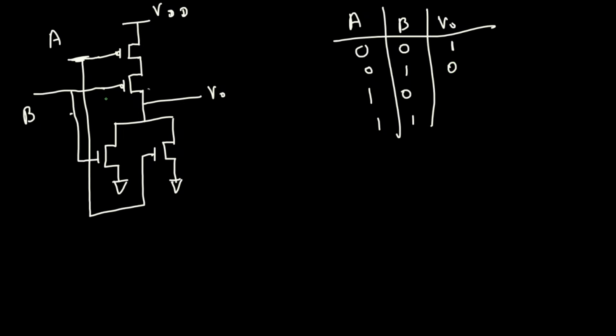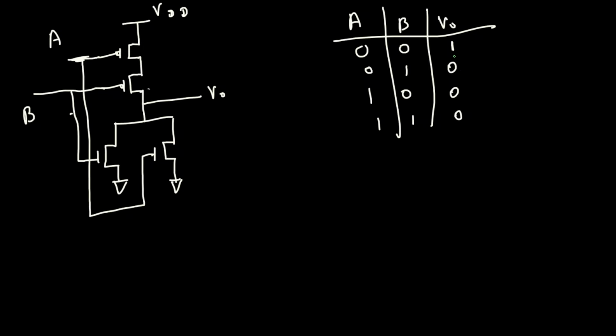As you can see, since this is in series, you can put 3, 4, 5, and if any one of them is open, that's it. There's no connection between VDD and V0, so this is going to be 0. If any input is 1, then you can automatically see the output is 0. Okay.